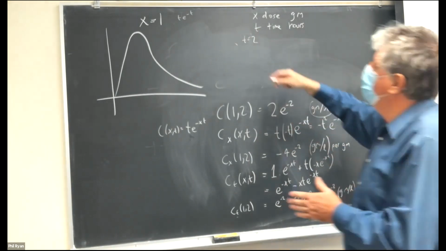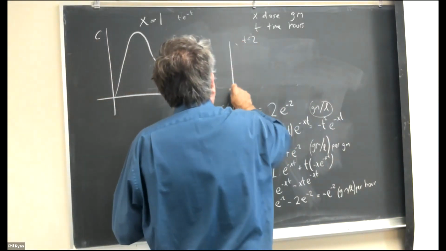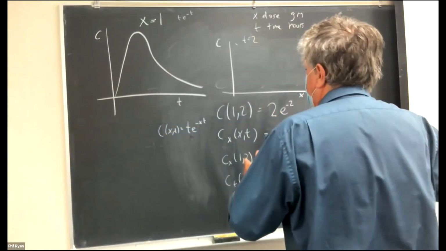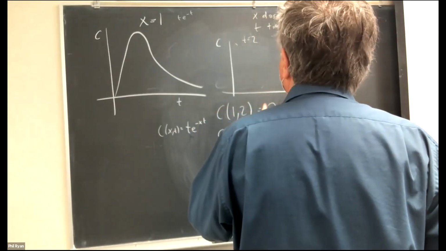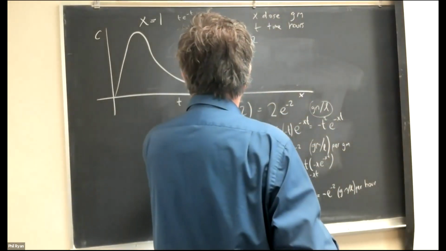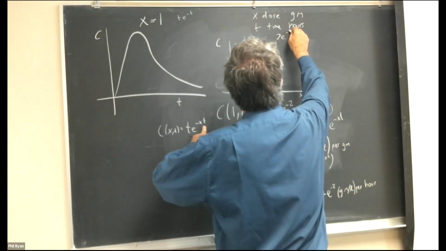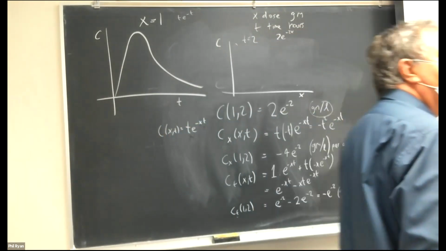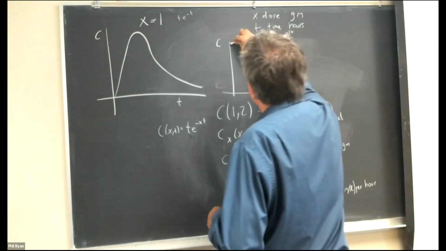And so now this is going to be a function of x and c. As a variable of x with a fixed t, it's the function 2e to the minus 2x. That is just exponential decay.